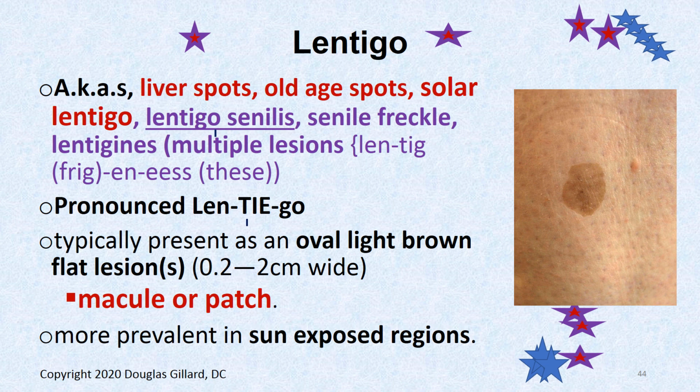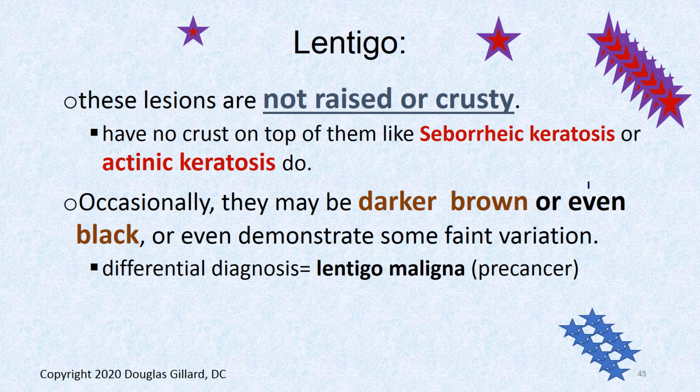This is pronounced lentigo. They're typically liver color, like a light brownish color. They can be any size. They can be a 1 centimeter macule, or they can be a 5 centimeter patch. They are typically more prevalent on sun-exposed areas. The surface is smooth. It is not crusty.